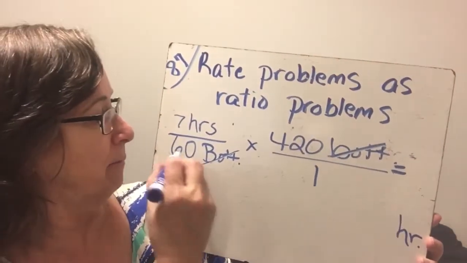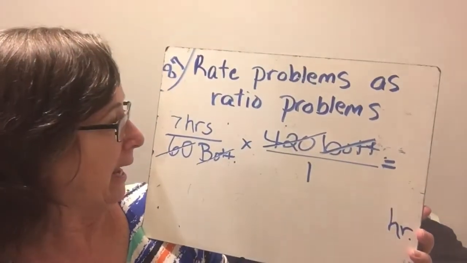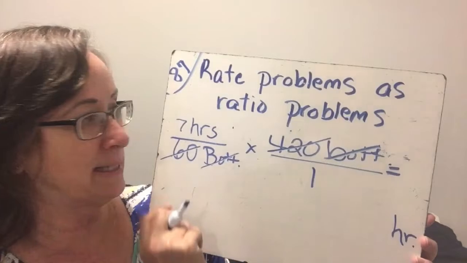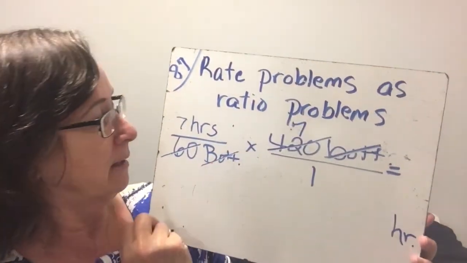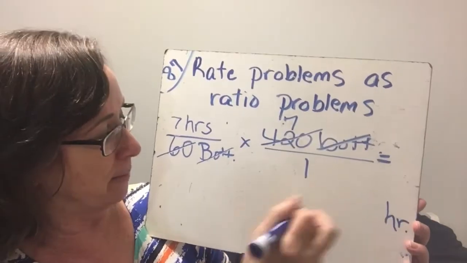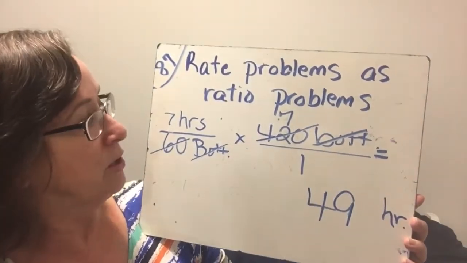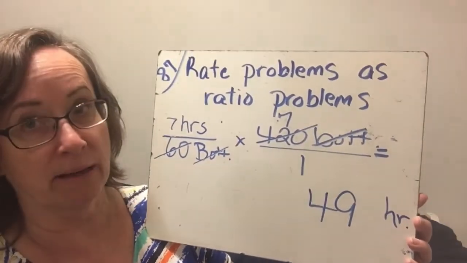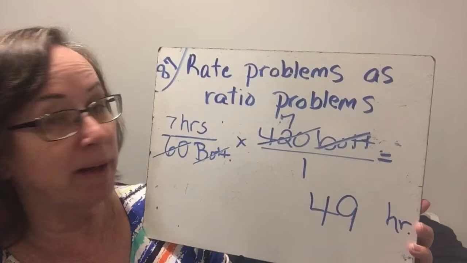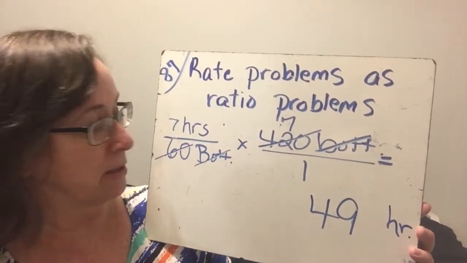So now I'm going to cancel 60 and 420, and 42 divided by 6 is 7. The zeros are going to cancel. So now I have 7 hours times 7, or 49 hours to cap 420 bottles.